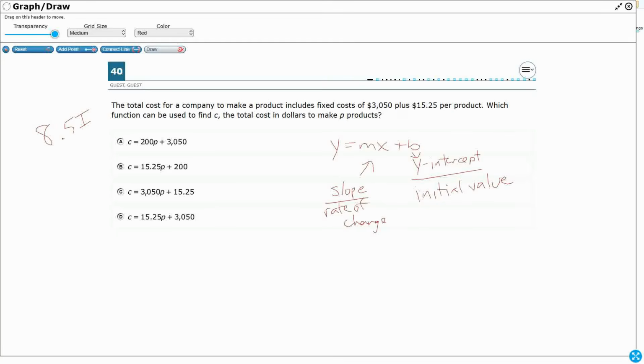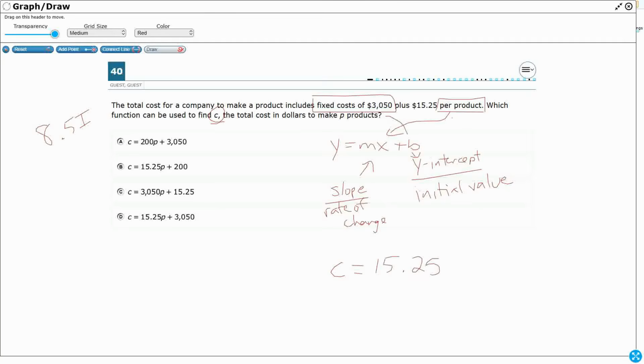So the total cost for a company to make a product includes a fixed cost of $3,050 plus $1,525 per product. You see that per product? That lets you know that's your rate of change. Okay? So we're looking for C equals 1525 per product plus that fixed cost.